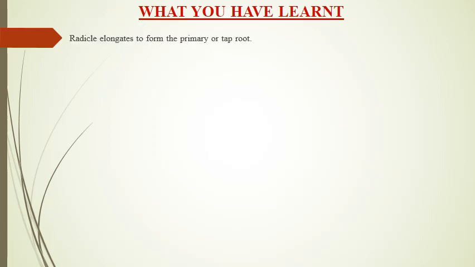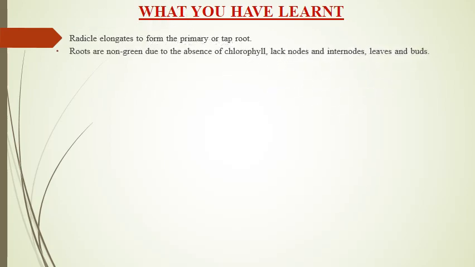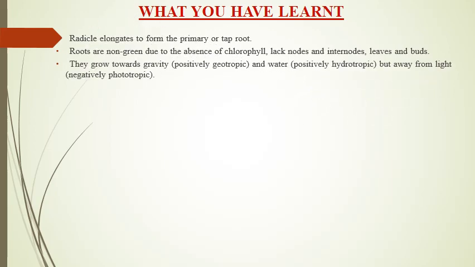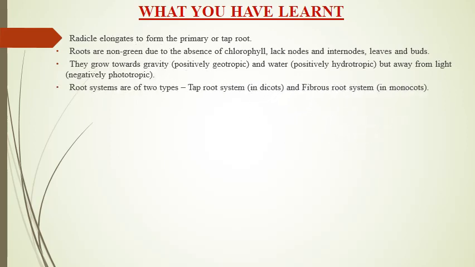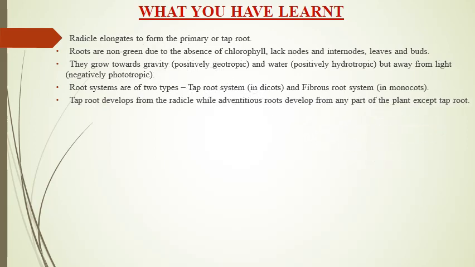So, what you have learned in this chapter: the radicle elongates to form the primary or taproot. Roots are non-green due to absence of chlorophyll, and lack nodes, internodes, leaves and buds. They grow towards gravity and water but away from light. Root systems are of two types, taproot and fibrous roots.